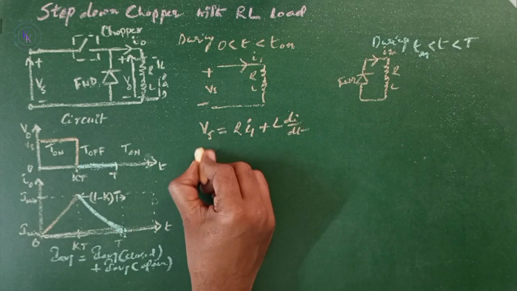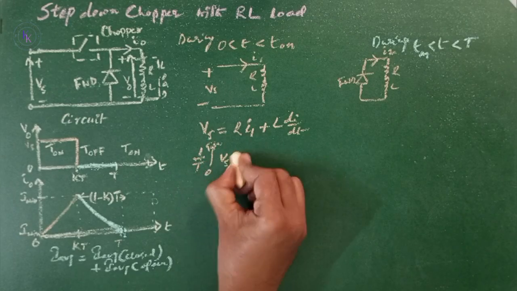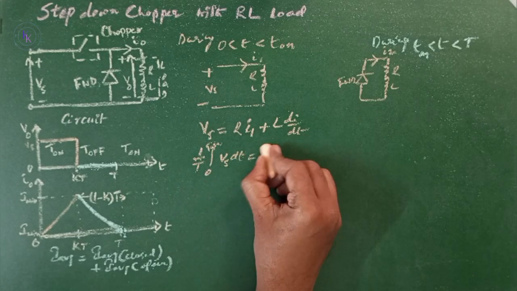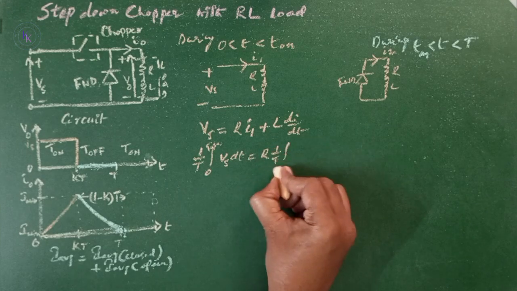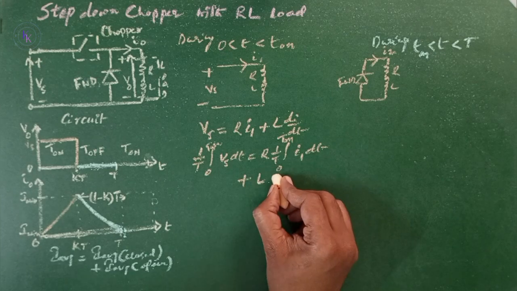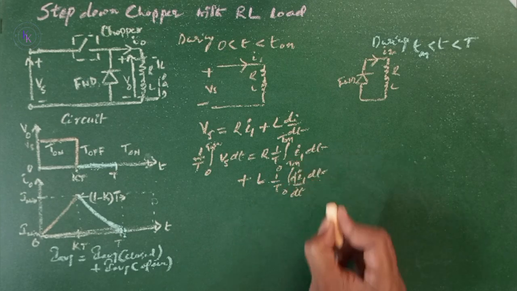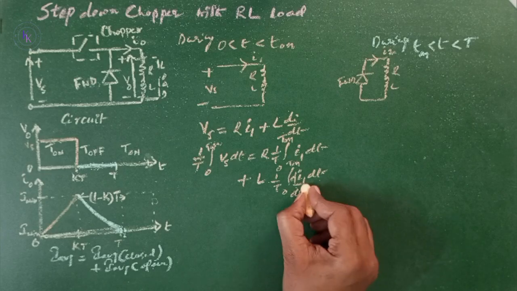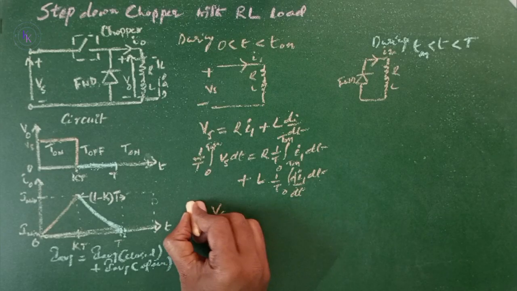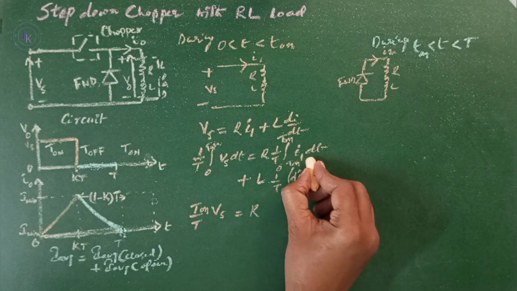Now, for the average value, 1 by T integral 0 to T on Vs dt equals R times 1 by T integral 0 to T on I1 dt plus L times 1 by T integral 0 to T on di1 by dt into dt. So 1 by T Vs T on equals R, and this is nothing but the average value.